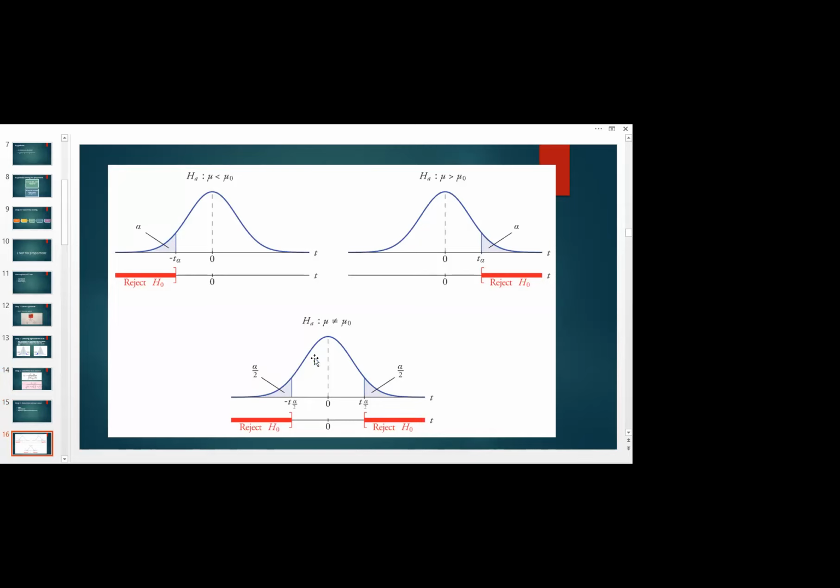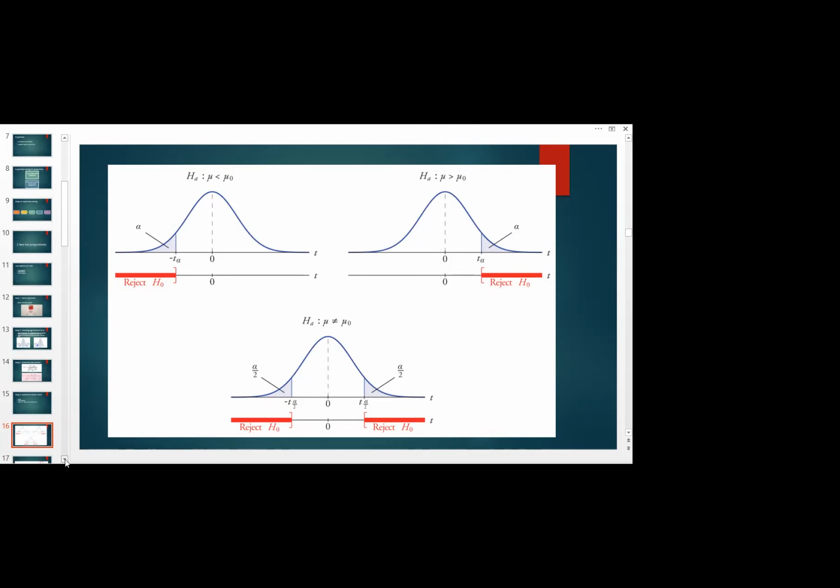But if the hypothesis is two-tailed, then the value is alpha by 2. Now, for looking at the z-table, we find the value of this portion from 0 to z alpha over 2. So in this case, we can see that 50% of the population is at the right side. And when we subtract alpha by 2, which is 0.025, it becomes 0.